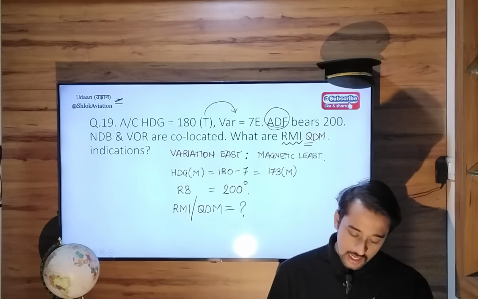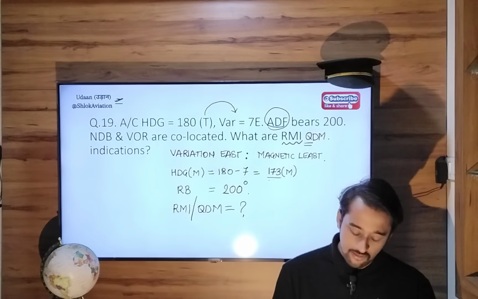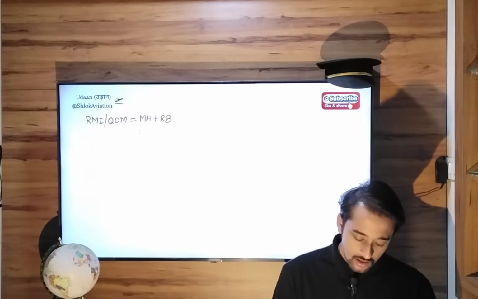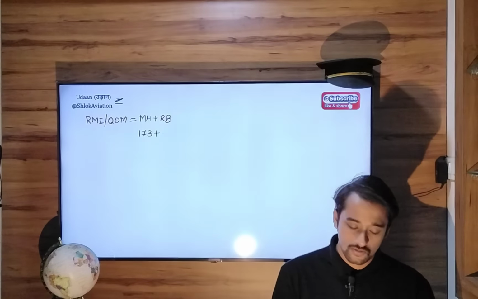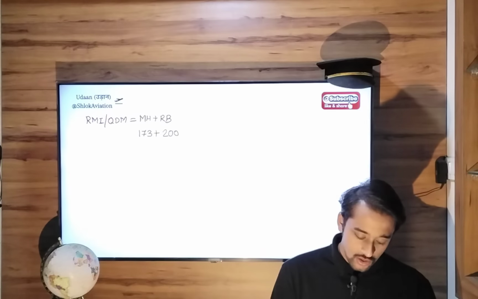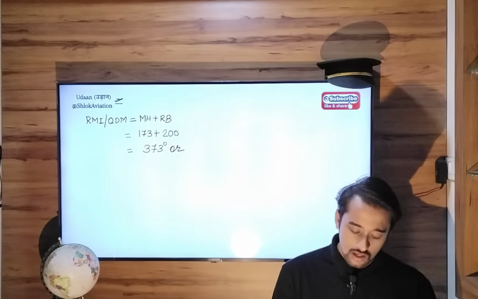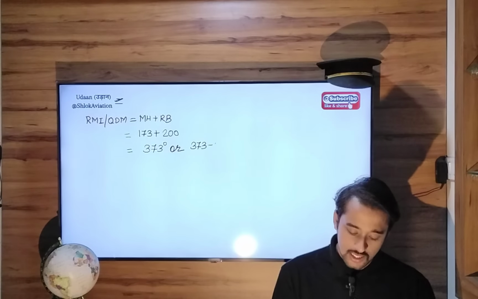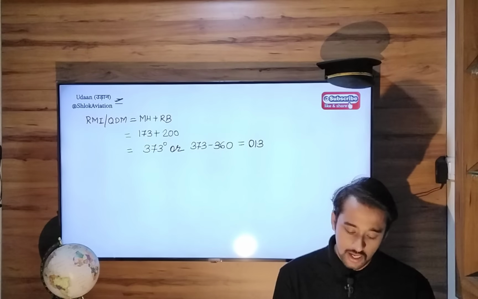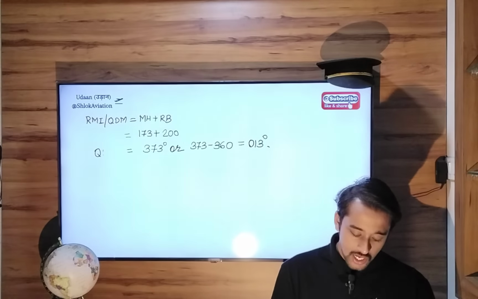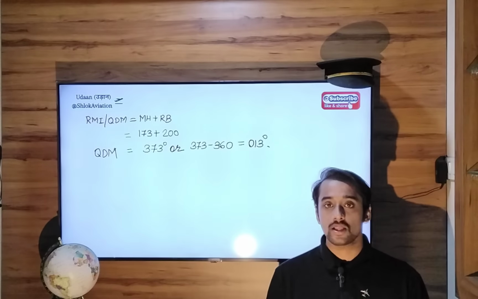So magnetic heading is 173, relative bearing is 200. So QDM equals 373 degrees, or 373 minus 360, which is equal to 013 degree. So track towards the station is 013.